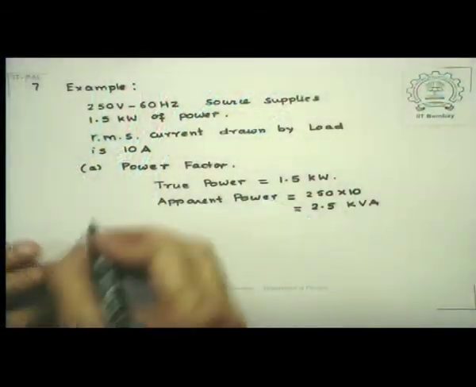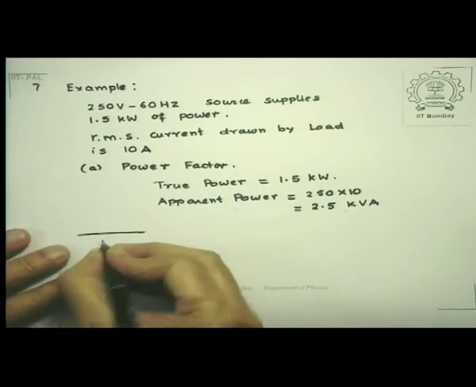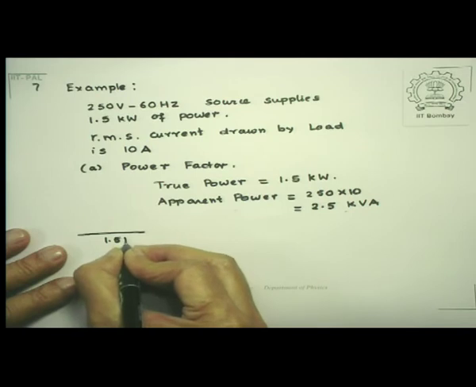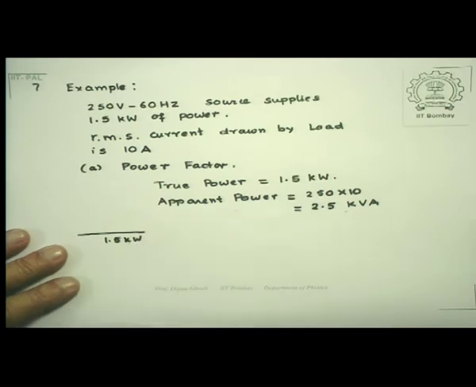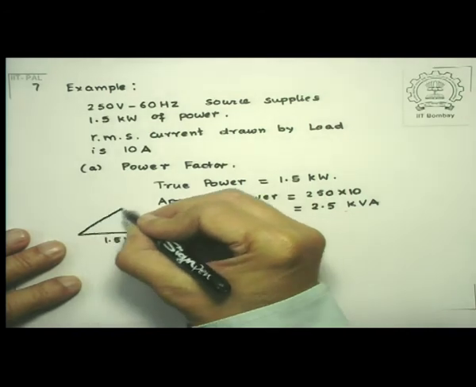Now if you look at the power triangle, what I have is 1.5 kilowatt of true power and 2.5 kVA along the hypotenuse.